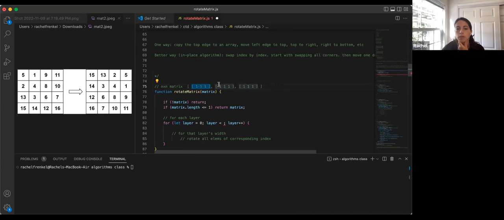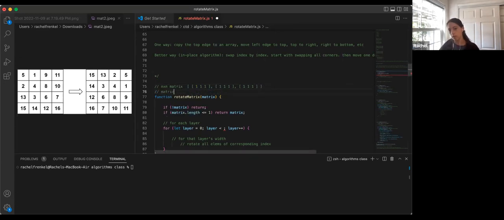There's 1 row, 2 rows, 3 rows. So this is the number of rows, right? The matrix dot length is equal to the number of rows or columns. Does that make sense? It tells us the number of rows, and we know that the number of rows and the number of columns is the same. So here you go. The length of this matrix gives us the number of rows. Now, this has 4 rows.